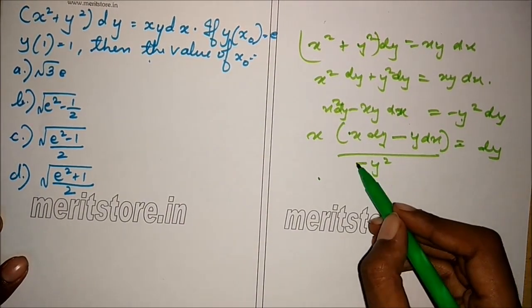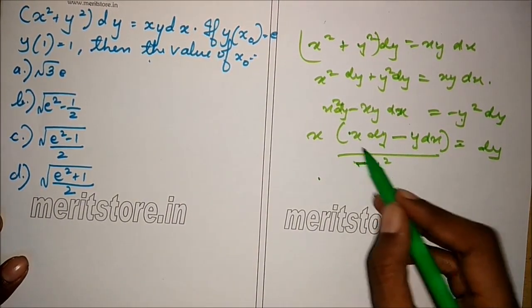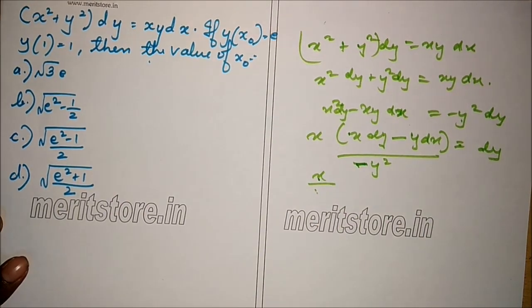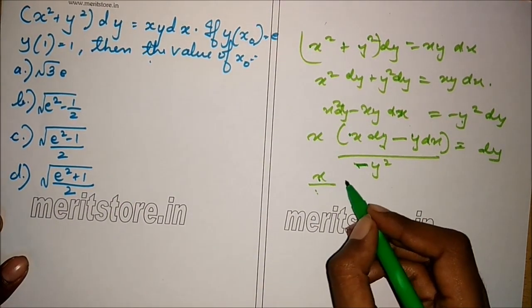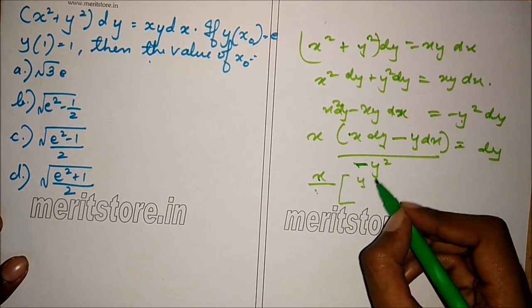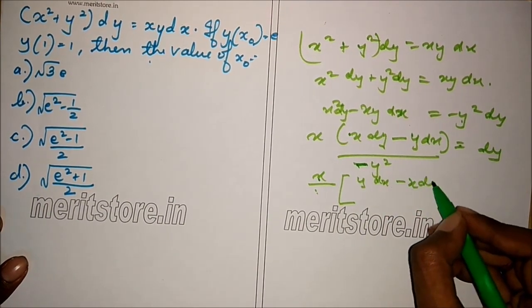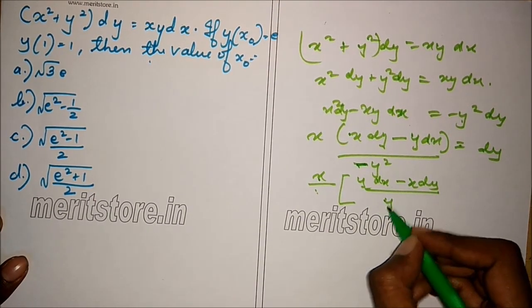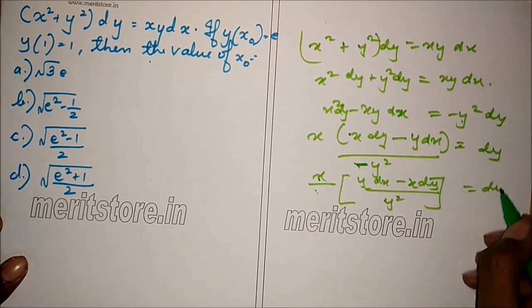Bringing the negative sign into the bracket, we get x into y dx minus x dy upon y square is equal to dy.